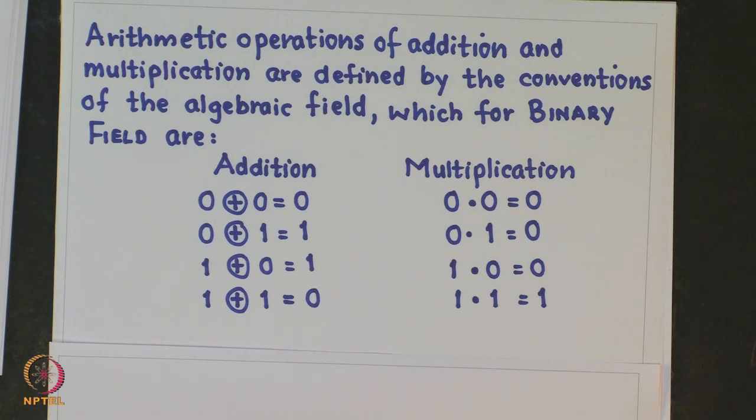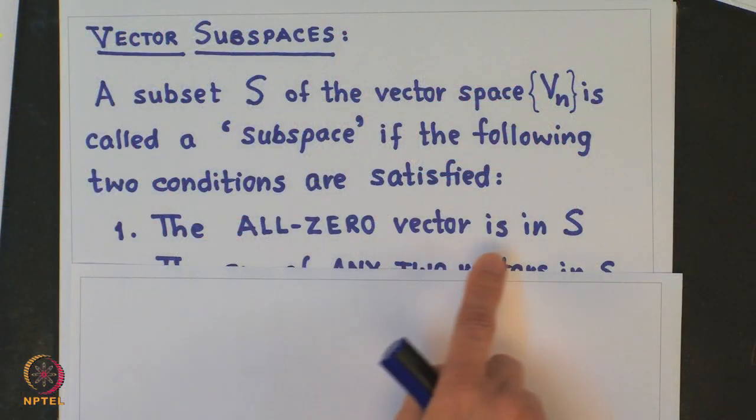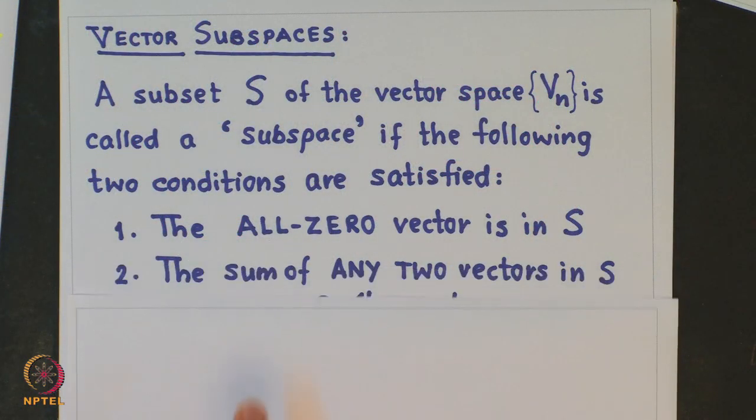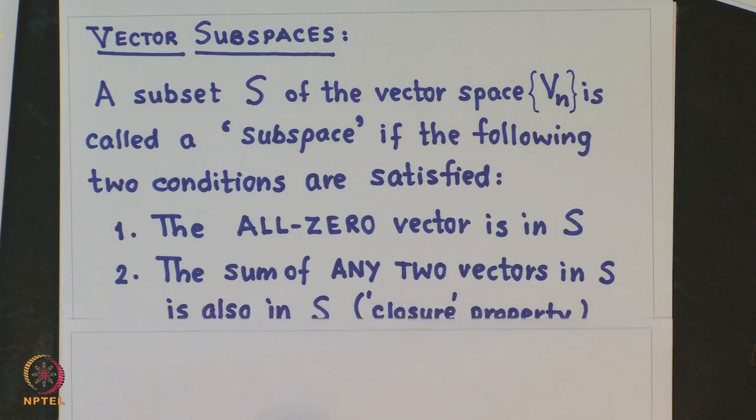Now, let us define a subspace of a vector space. A subset S of the vector space is called a subspace if the following 2 conditions are satisfied. The all 0 vector is in S and the sum of any 2 vectors in S is also in S. This is known as the closure property.